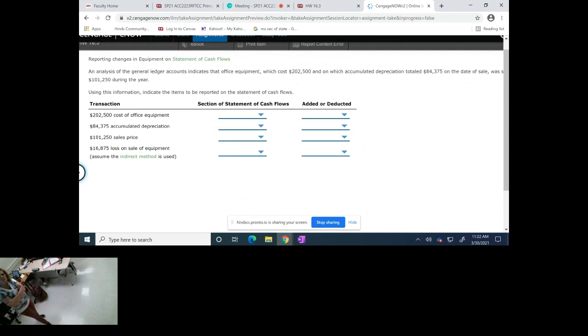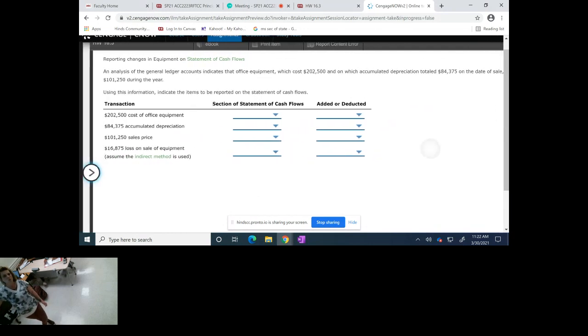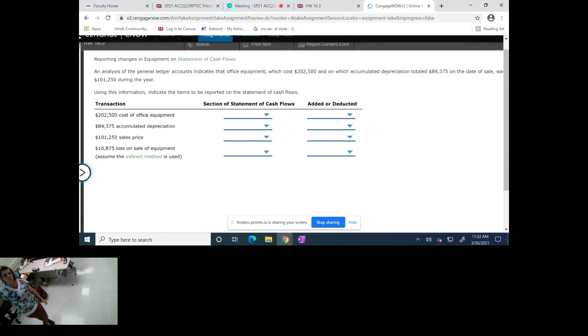All right, the problem says an analysis of the general ledger accounts indicates that office equipment, which costs $2,025 and on which accumulated depreciation totaled $84,375 on the date of sale, was sold for $101,250 during the year.